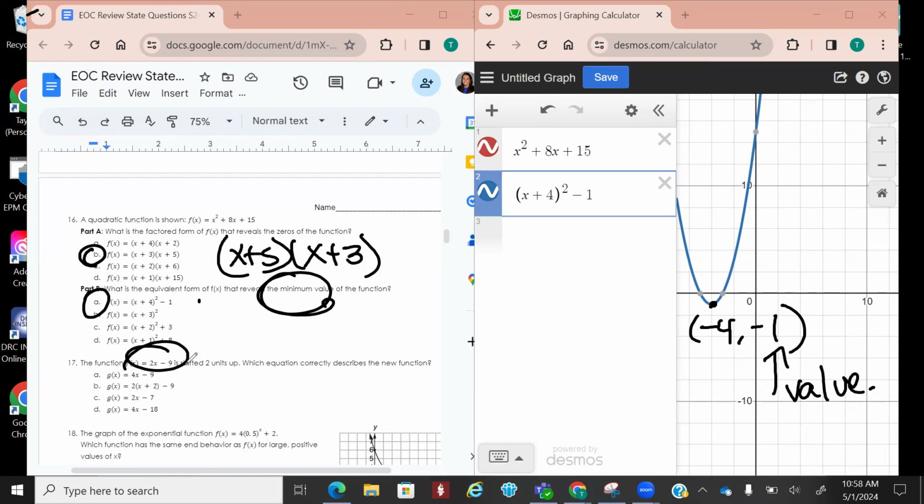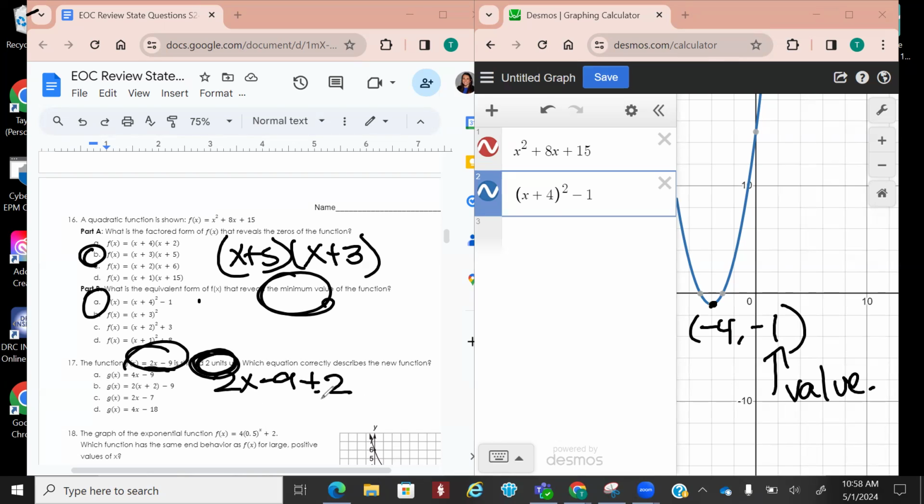If we have 2x minus 9 and we want to shift it 2 units up, what are we going to do to this equation? We're going to add 2. So we have this equation. We want to shift it 2 units up, so we're adding 2.